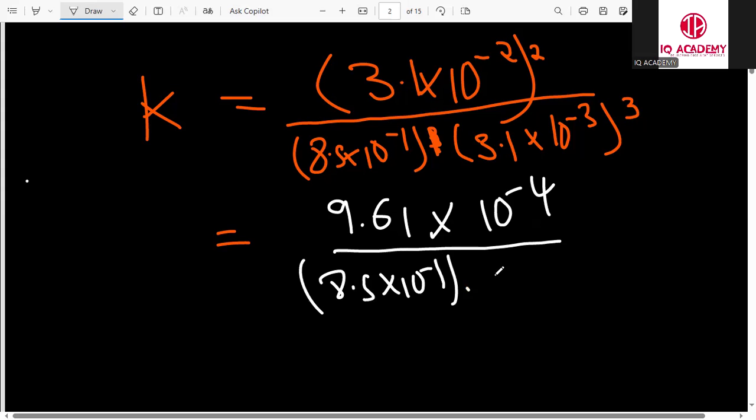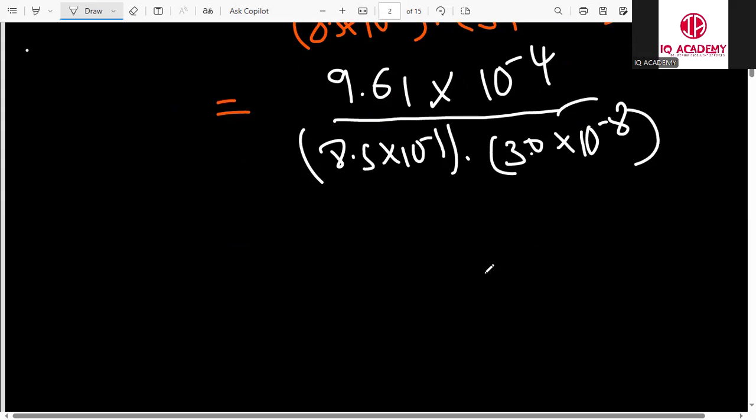And then the other one here, if I punch it and put it to the power 3, it's giving me 2.999. I'll just write it as 3.0 multiplied by 10 to the power minus 8. So this is what I have here.